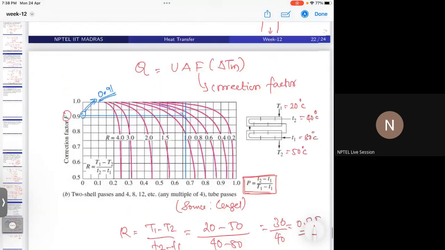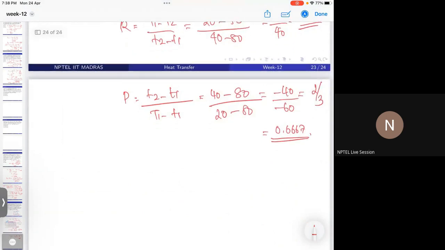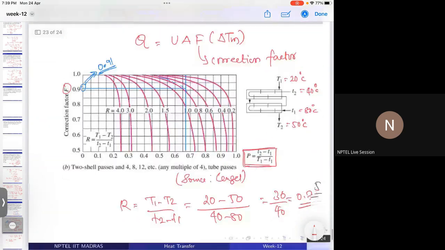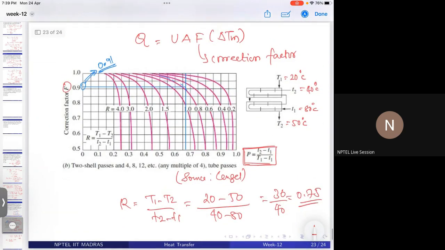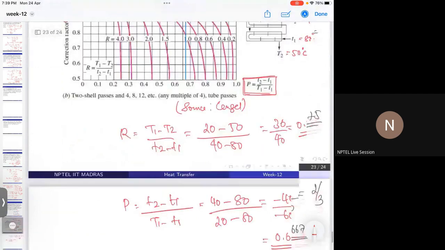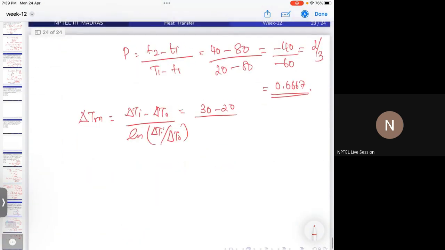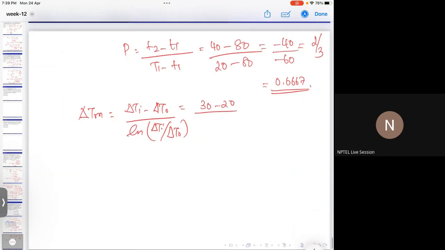So the F we found out. So now the LMTD, that is (delta Ti minus delta To) divided by ln(delta Ti by delta To), is equal to 30 minus 20. So what is delta Ti?